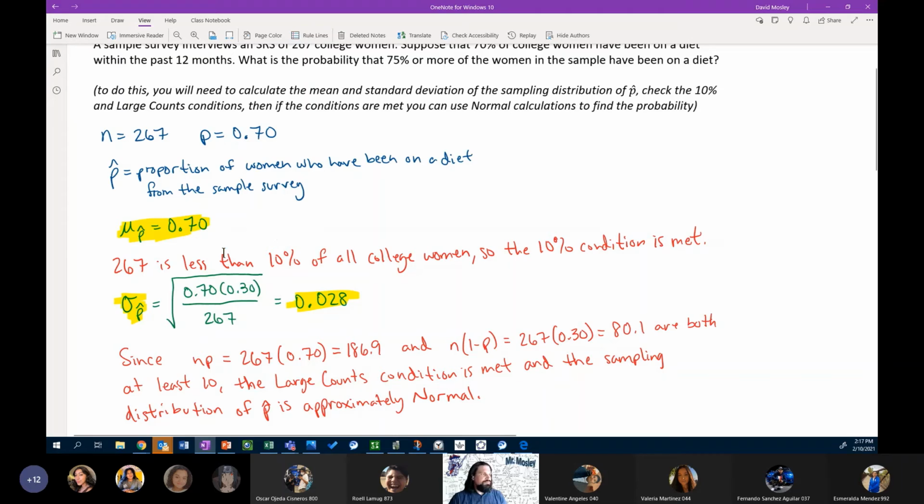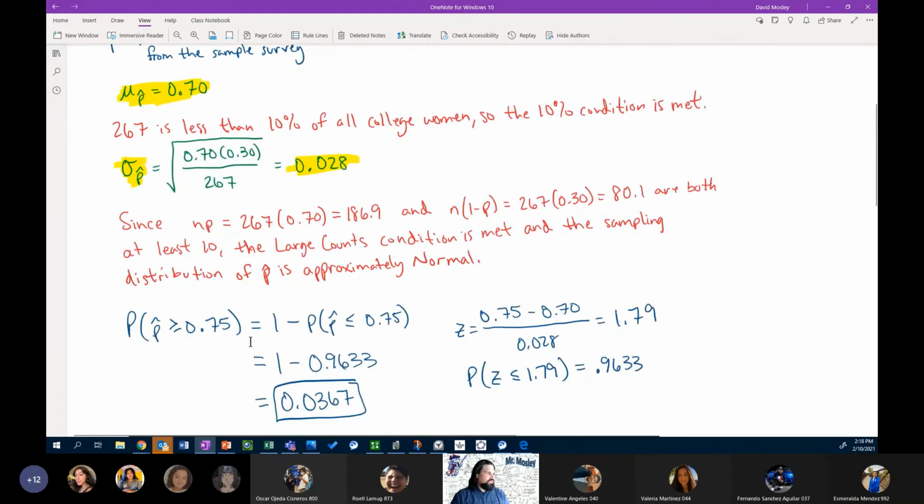All right, since np equals 267 times 0.70 equals 186.9, and n times 1 minus p equals 267 times 0.3 equals 80.1 are both at least 10, the large counts condition is met, and the sampling distribution of p hat is approximately normal. Even though it seems like this is obviously true, it should be stated before you continue. We need to justify the fact that I can use normal calculations.